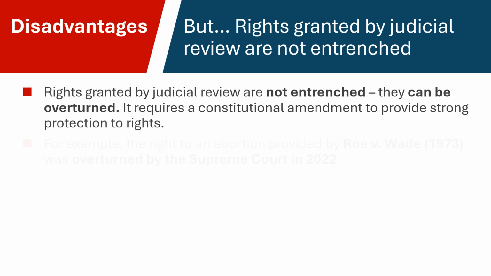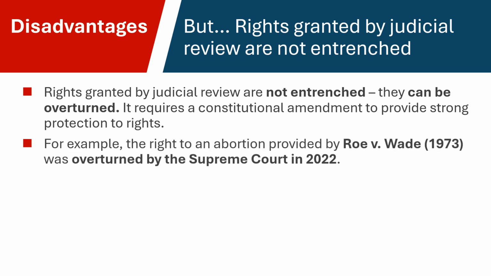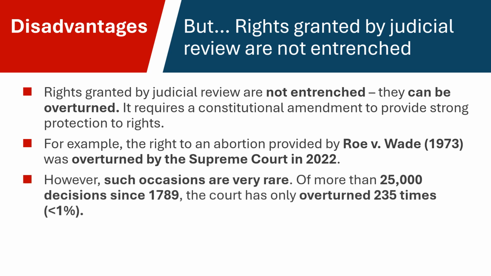For example, the right to an abortion provided by Roe versus Wade in 1973 was overturned by the Supreme Court in 2022. However, such occasions are very rare. Of more than 25,000 decisions since 1789, the court has only overturned 235 times. That is less than 1%.